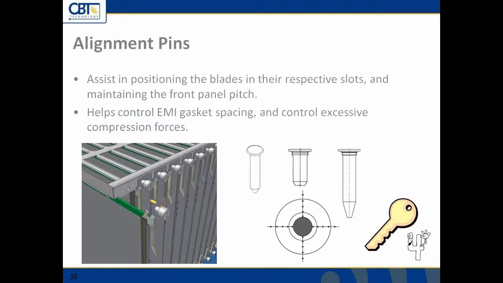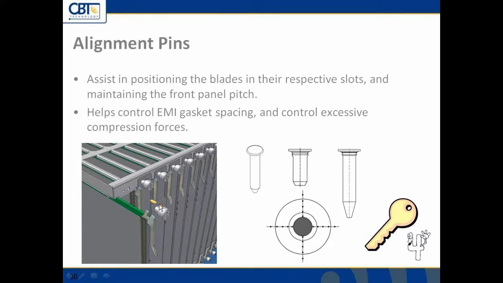As we look at the alignment pins, I think it's pretty self-explanatory. An alignment pin just basically holds each one of those blades in their home, within their pitch. If you don't do that, the compression that you have with either a metal or fabric over foam gasket can cause the whole front panel system to move. If you've got a blade that's empty over to the left-hand side or right-hand side, and you're trying to fit it in there, and you don't have these things being held in place, that compression can start to really compact that open space.